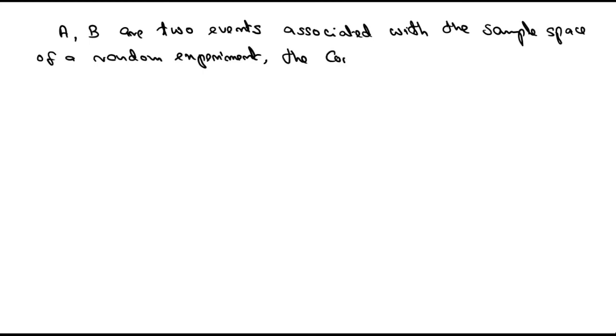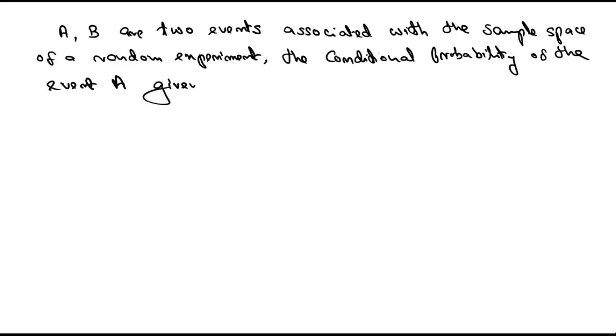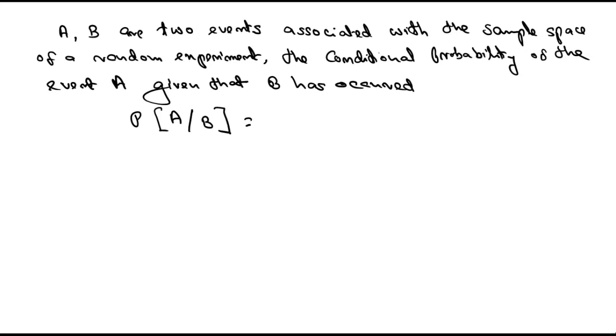The conditional probability of the event A, given that B has occurred, means the probability of A given B.